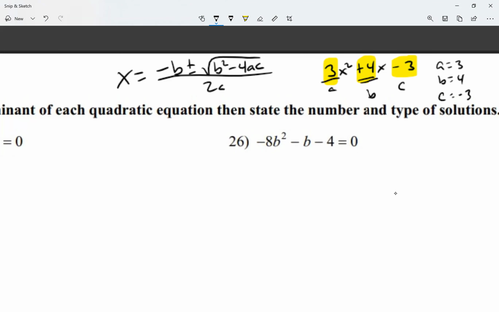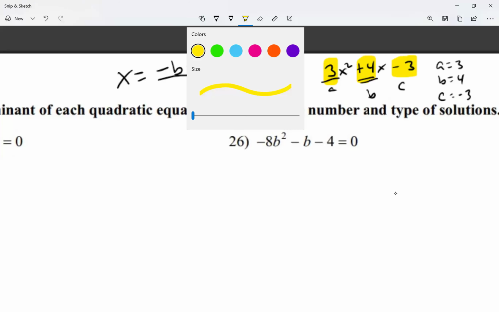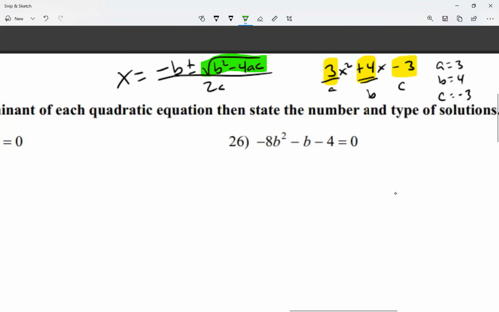We will be looking at the quadratic formula soon, but for now, I just want us to focus on the part of the formula that we call the discriminant. The discriminant is the square root part. So I'm only going to be looking at the square root of b squared minus 4ac.